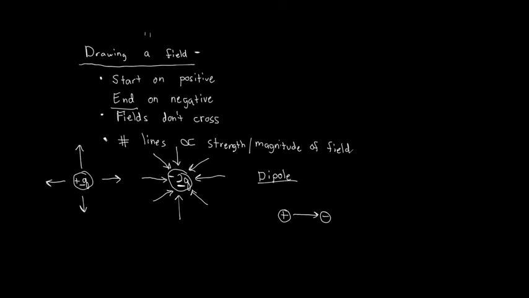The field line starts on the positive, and it wraps around to the negative. So I can draw dipole fields. If I have multiple charges, I can draw the fields like this. It goes away from the positive and into the negative. And those are most of the concepts that you need to get started for understanding electrical force and electrical field.